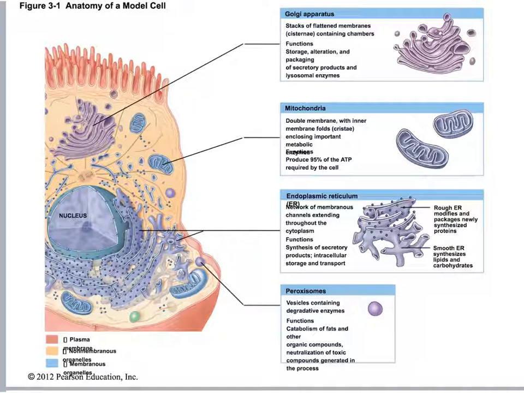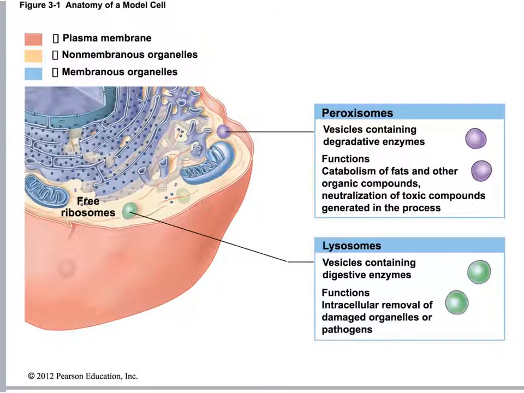We see the mitochondria, we see the endoplasmic reticulum, and we see both the rough ER and the smooth ER, and then we see the peroxisomes. Again, we see the peroxisomes here, and their function is catabolism of fats and other organic compounds, the neutralization of toxic materials generated in the process.